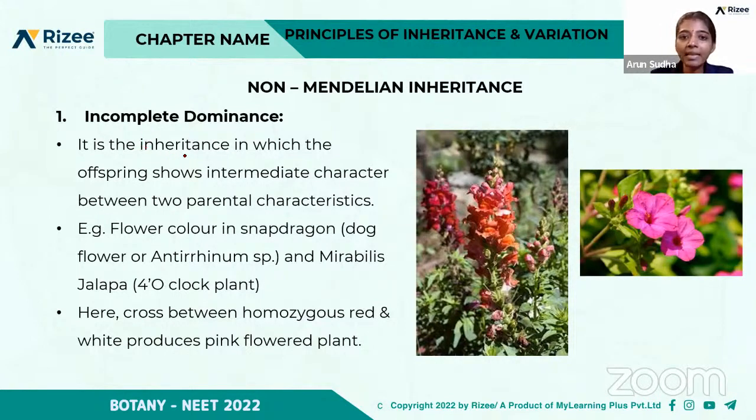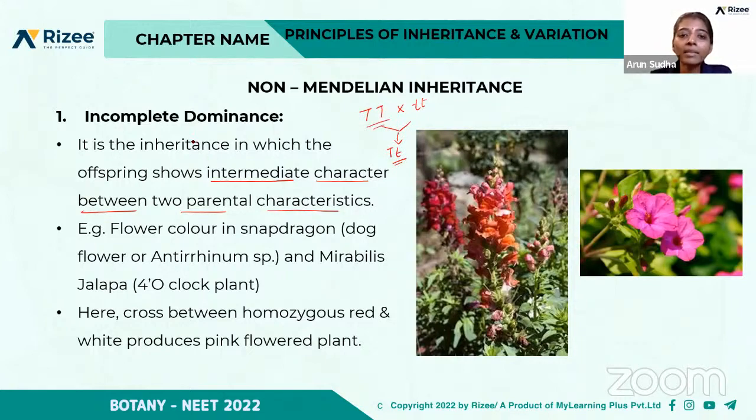It is the inheritance in which the offspring shows a character intermediate between the two parental characteristics, right? In Mendelian inheritance, if you cross tall with short, in the F1 generation we get the heterozygous condition, which is tall, similar to the parent.